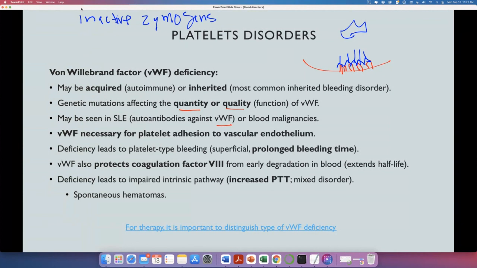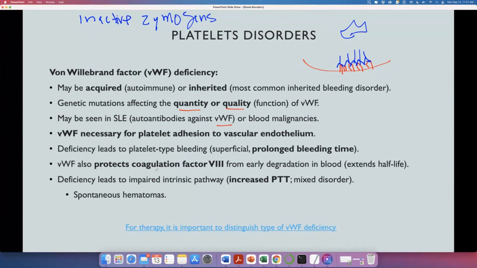Coagulation factors, as any other protein, have a certain half-life, so they stay in circulation for more or less time. One of the coagulation factors that has the shortest half-life is factor 8.